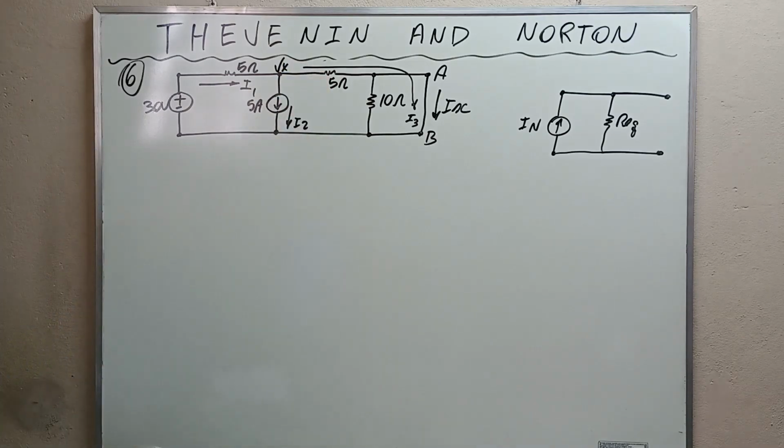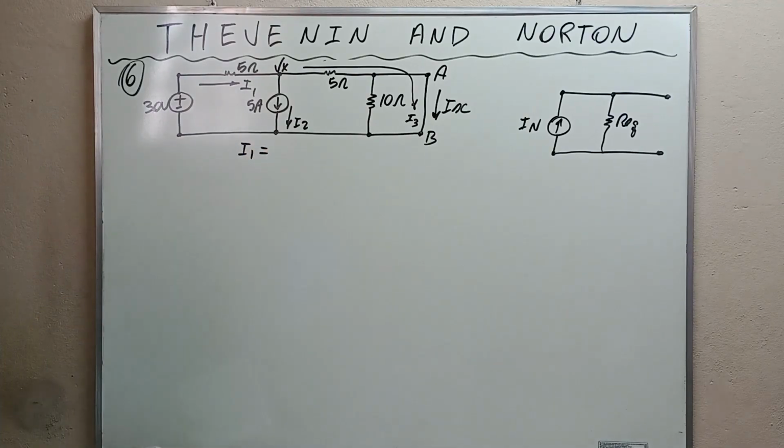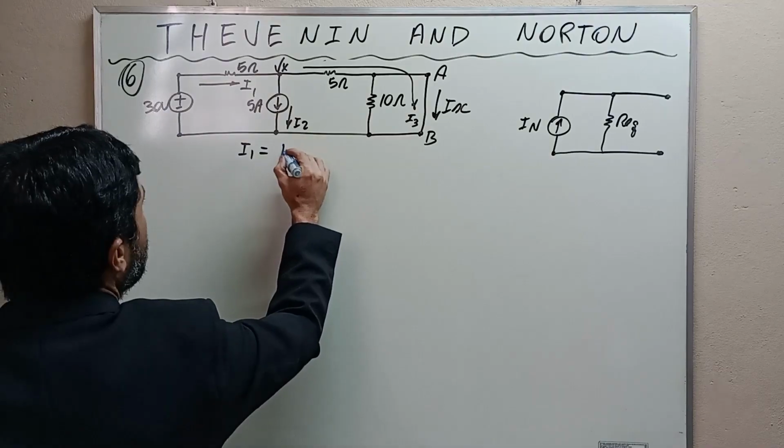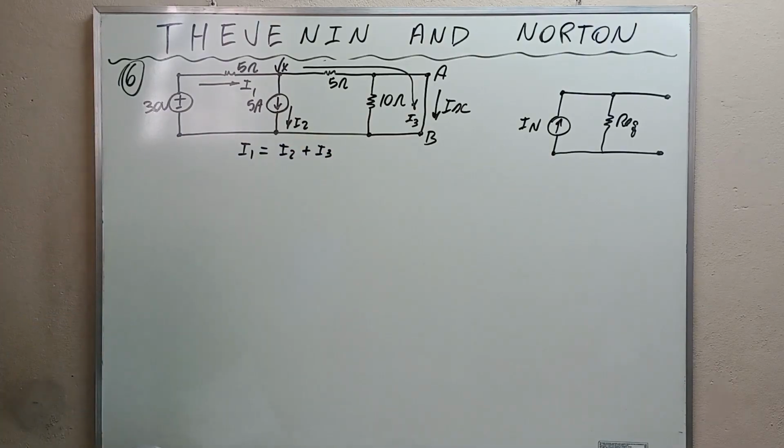And the current entering the node is I1, and the currents leaving the node are I2 and I3, okay? How can we write I1?